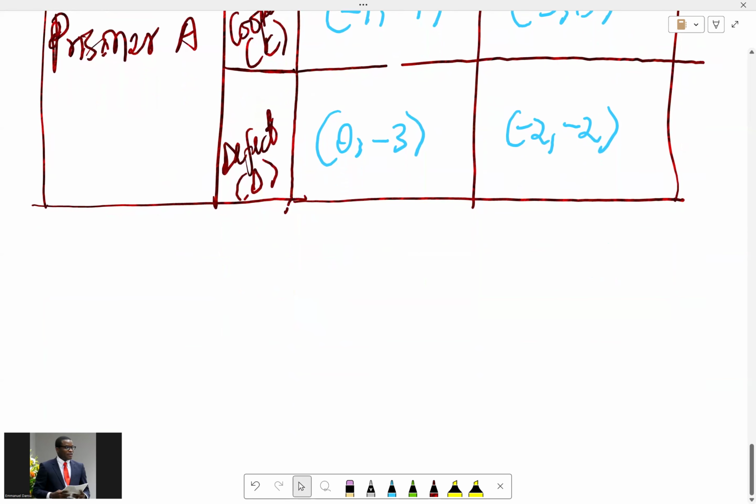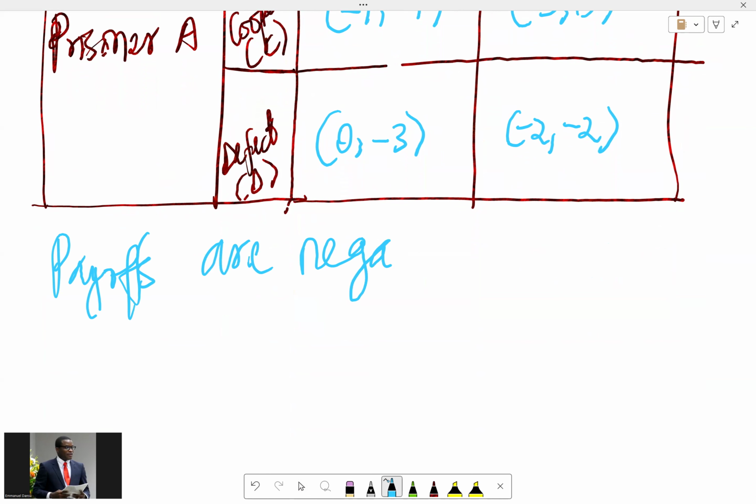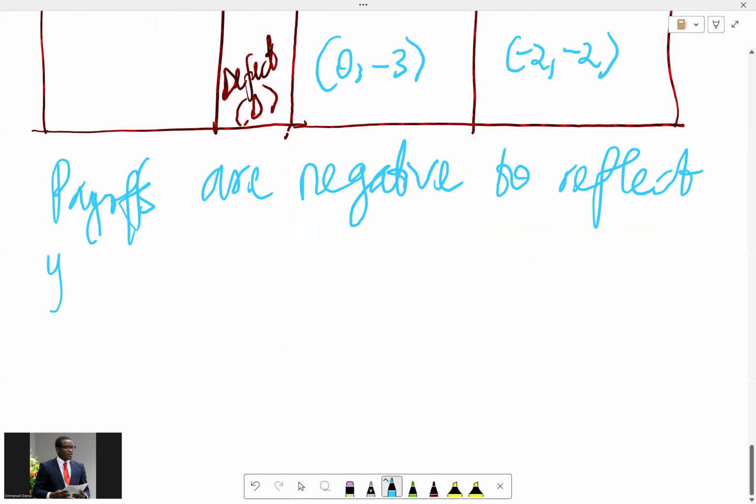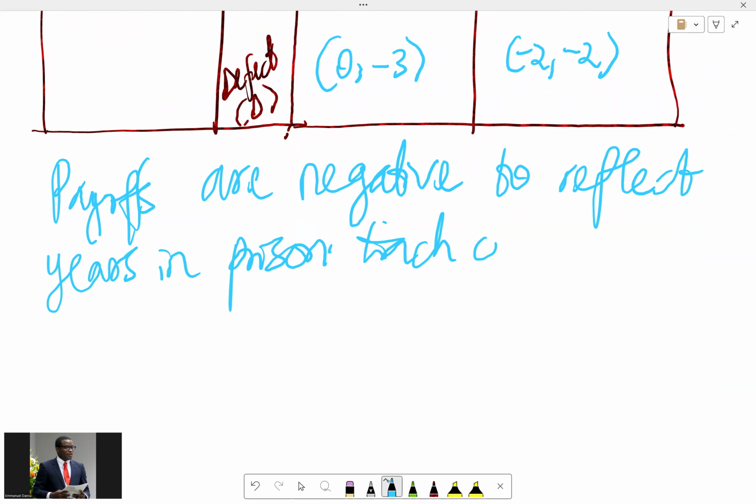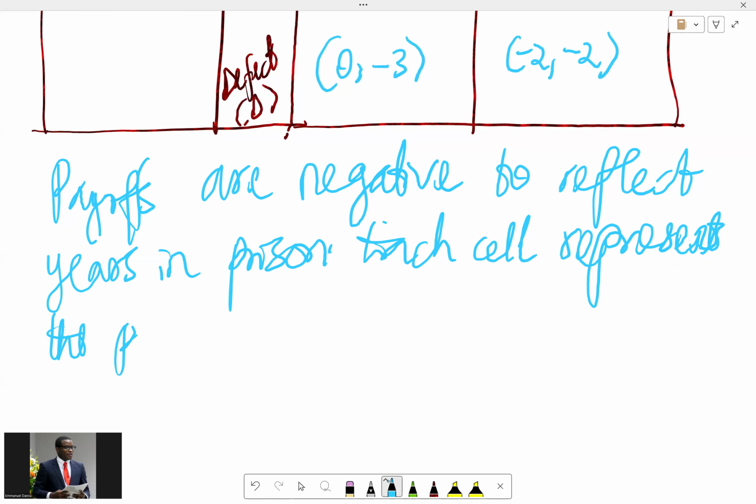So here we say that payoffs are negative to reflect years in prison. So each cell represents the payoffs.